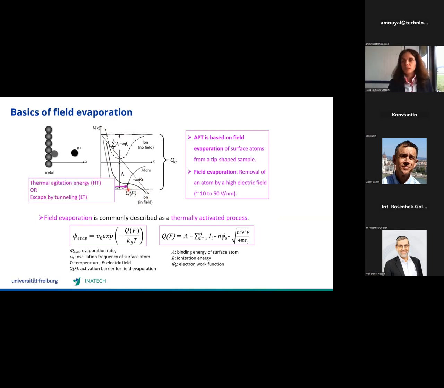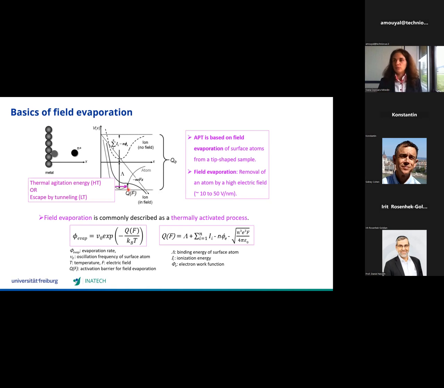There are two ways of overcoming this potential barrier, and this depends very much on how we use the atom probe. If we apply the laser mode, then we are in high temperature condition, and to overcome this potential, we say that we are overcoming through the agitation energy.